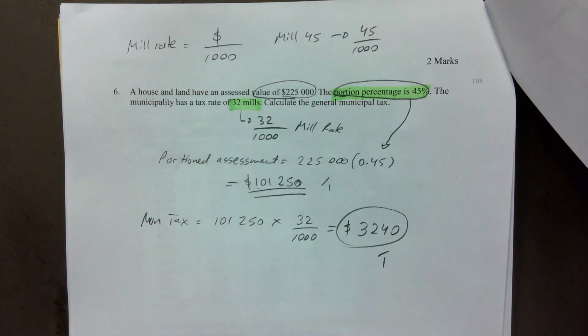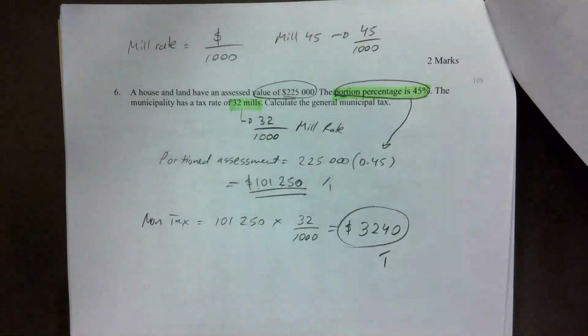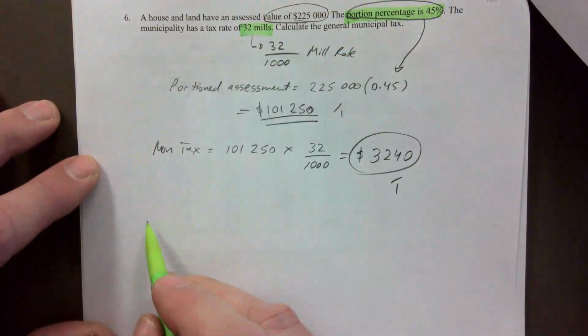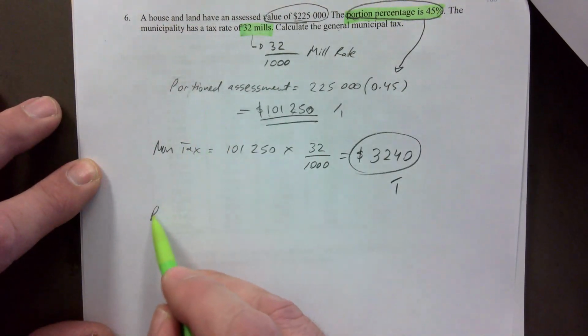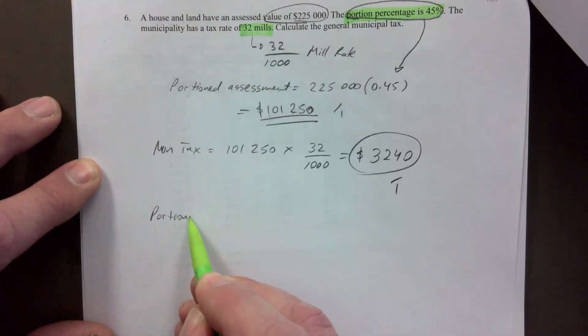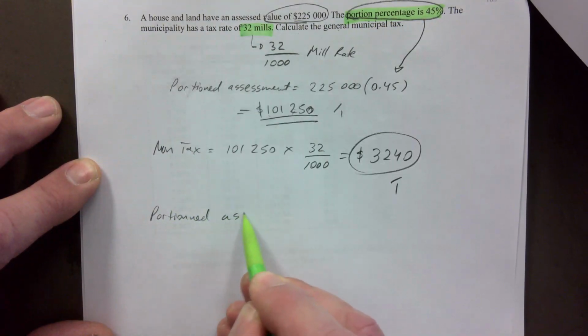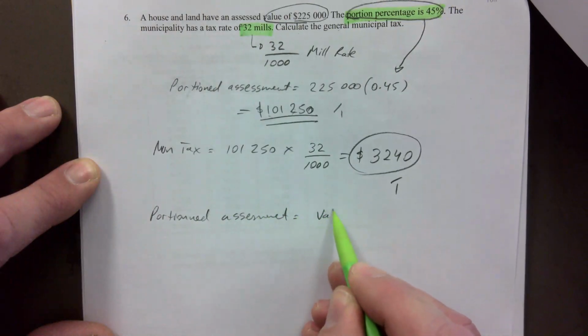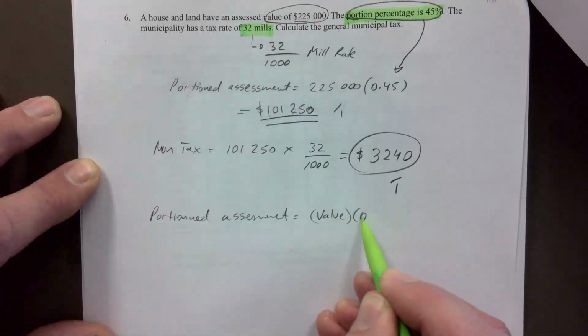Now I call this a curveball because if you've been paying attention to property taxes, it's huge, isn't it? What are all the things that come up with property taxes? I'm just going to quickly remind you. First of all, once we have our portioned assessment, we go value times 0.45.